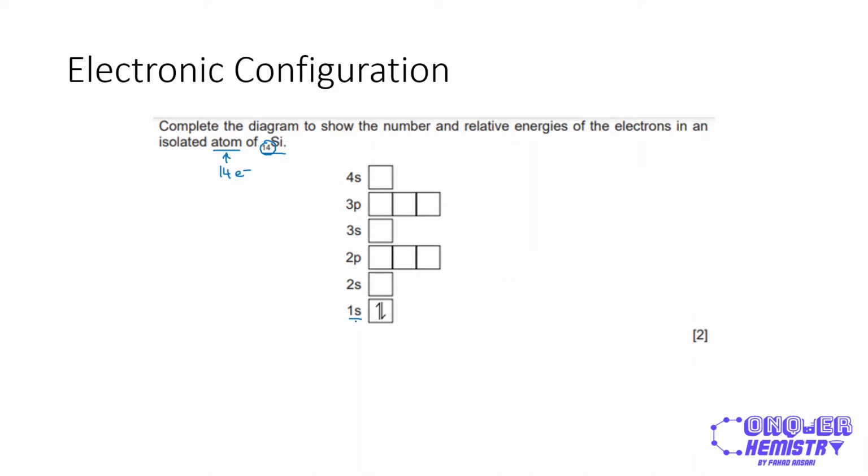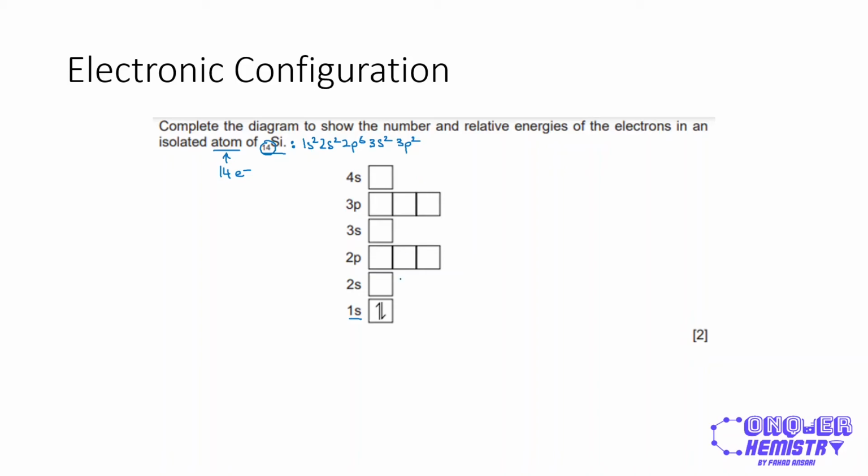Before we fill up this diagram, write the electronic configuration as 1s2, 2s2, 2p6, 3s2, 3p2. Count the number of electrons that you've assigned: 2, 4, 10, 12, 14.